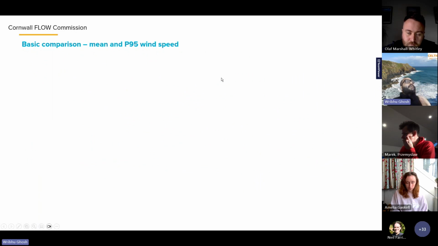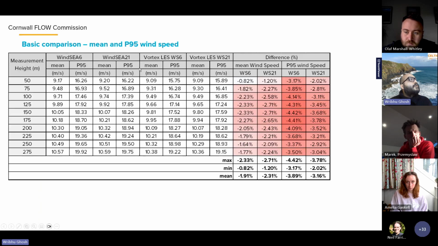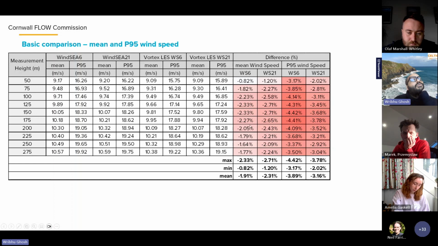Now, in this slide, we're going to give you a basic comparison of some of the parameters, like the mean wind speed and the P95 wind speed. We see the models consistently underpredict. However, the underprediction of mean wind speed is around 2.5%, whereas that for P95 is higher.